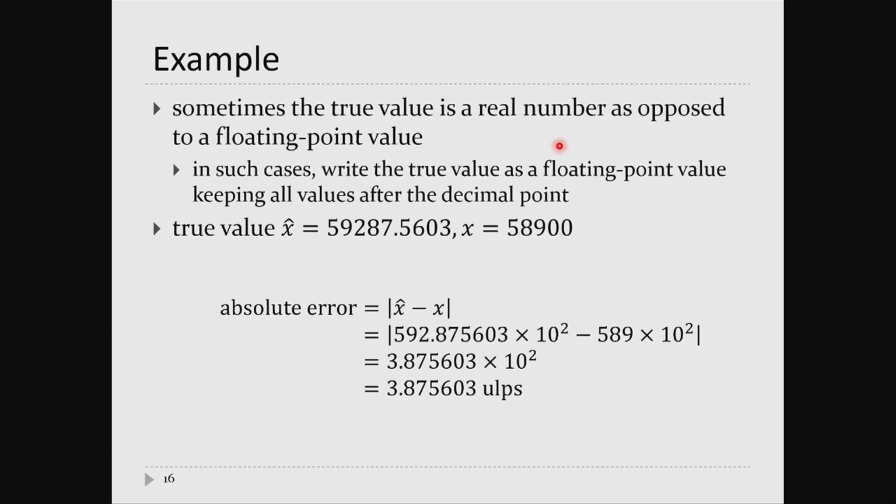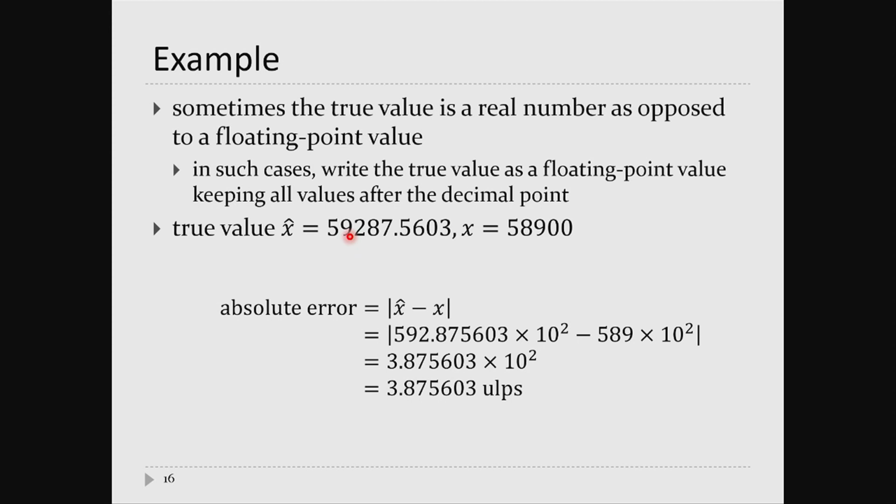Now, sometimes you've got a problem where you know the true value as a real number, for example pi. If I'm trying to compute pi on the computer, the true value is pi, and that has an infinite number of digits. You handle it in exactly the same way. You convert your true value to floating point, making sure you have 3 digits in the significand, and then you keep everything after the decimal point. So here I've got the number 592.875603.